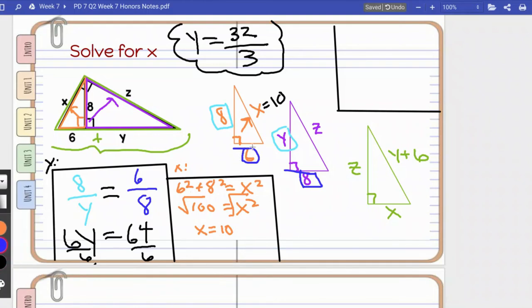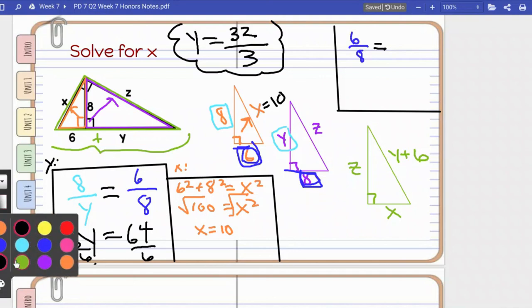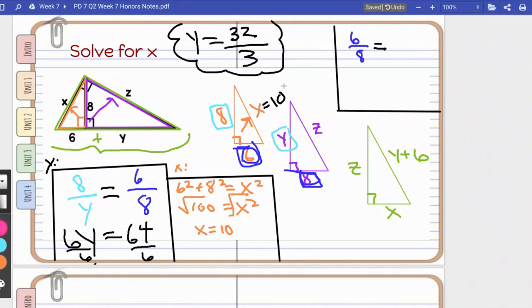So if I go with my original short side, which is 6 over 8, set up a proportion. I'm going to set that equal to 10 over z. Those are both the hypotenuses.